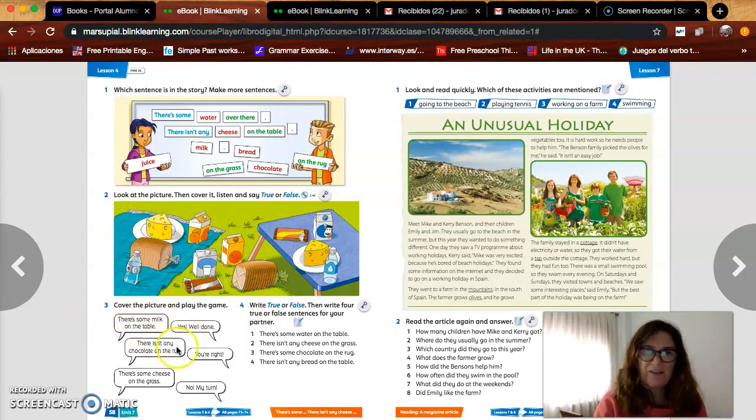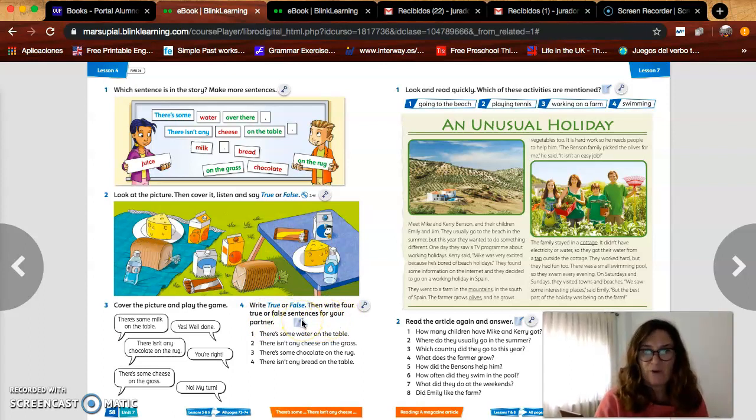We are not going to do activity 3 because you have to cover the picture and play the game, but as we are not in class, we are at home, we are not going to do activity 3. We're going to move to activity 4. Write true or false, and then write 4 true or false sentences for your partner.